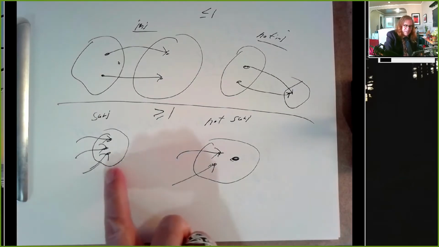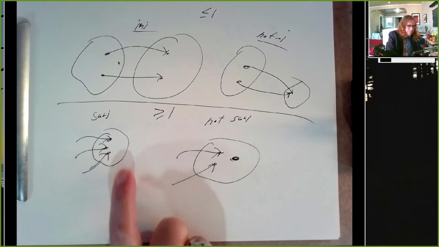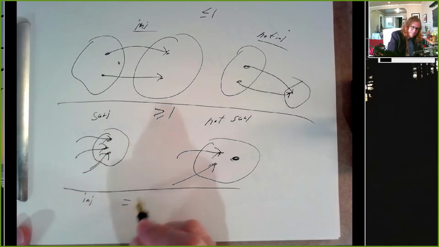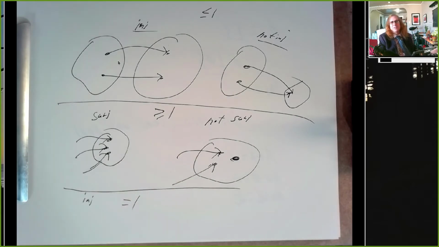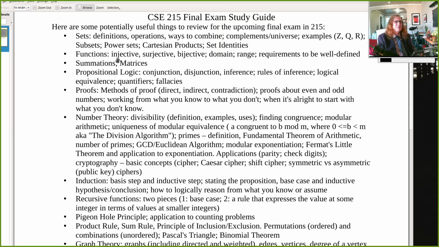Well, we could have 15 arrows going to this point, it's still surjective. And then bijective, every point is mapped to exactly once, because it's both of these. So just know the definitions. There might be a quick answer question or something like that.